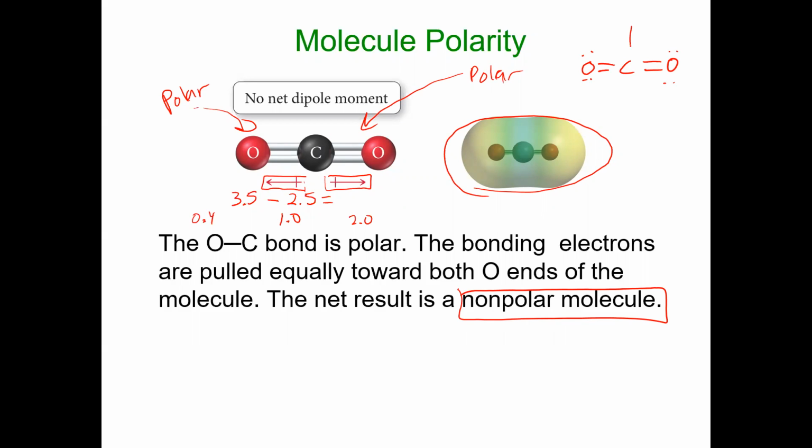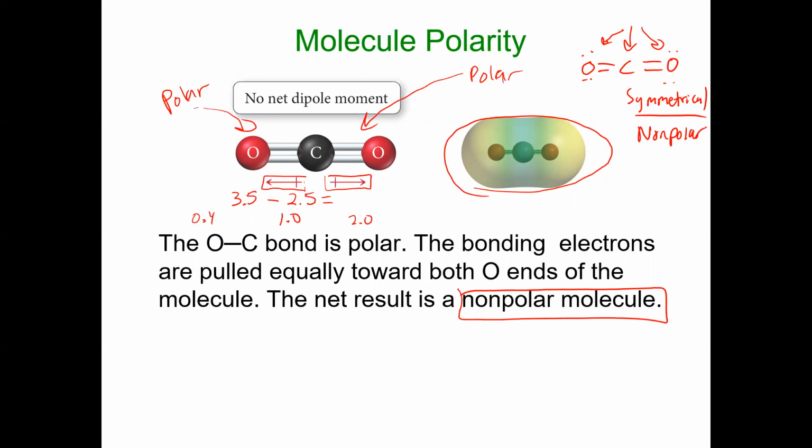Because these are the same atoms attached, it's symmetrical. And because carbon dioxide is symmetrical, symmetry means it's nonpolar. Doesn't matter that it has polar bonds. This is a symmetrical molecule and it's nonpolar.